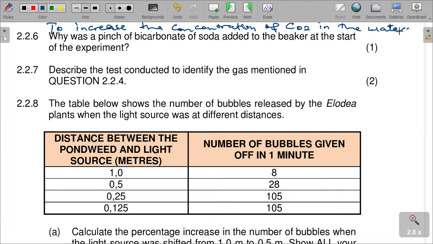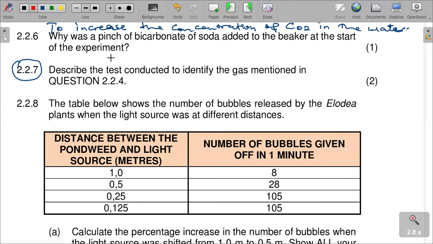Describe the test conducted to identify the gas in question 2.2. The gas produced is oxygen. How do we test for oxygen? It is tested by a glowing splint. The glowing splint bursts into flame or grows brighter, which indicates that there is oxygen given off by the plant.